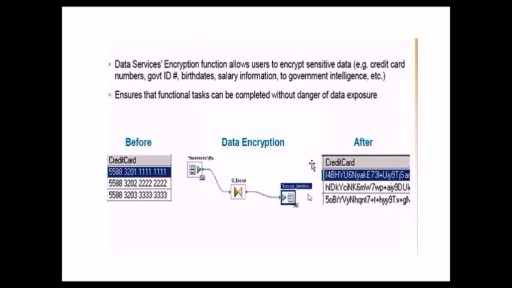Here I have the credit card data. By using the encryption functions, I am simply encrypting the credit card information into this particular value. If it was shared across, no one can identify that this information is credit card information. So whatever encryption techniques I have used, at an authorized user level we'll give how to decrypt this to see the original data.